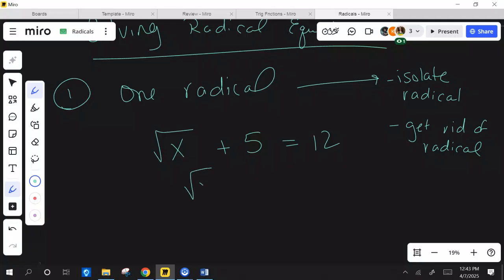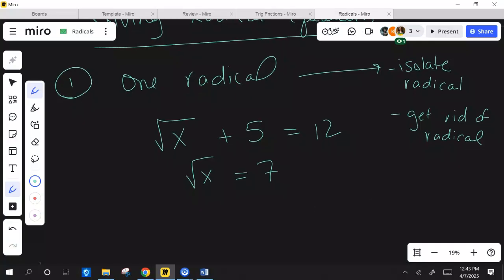So square root of x equals, I subtract the 5, I get 7. Square both sides because the square is the opposite operation here, right? So x is 49. Now, as we solve these, I'm not going to make you do this, but I need you to know what this means because this will come up on your SATs and stuff, and I need to at least mention it so you know.